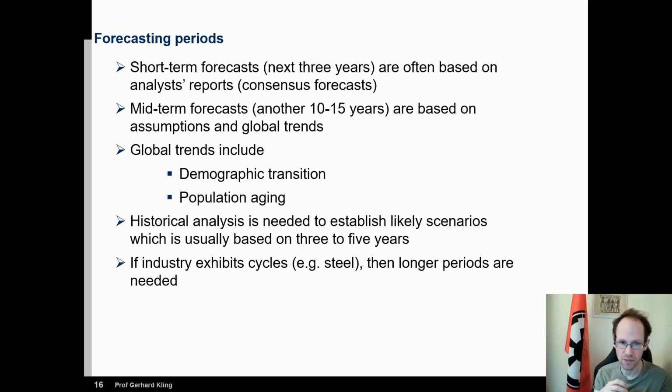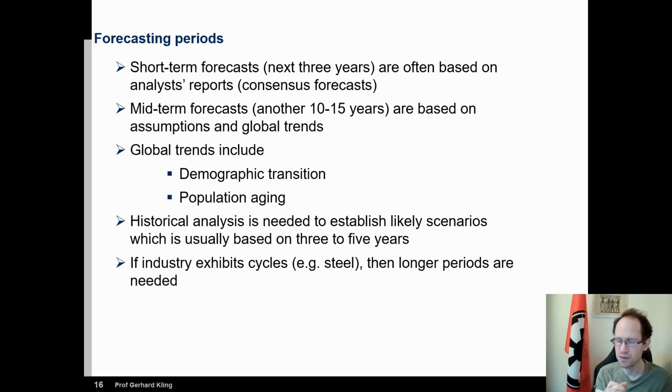Now, the main argument for these assumptions might be driven by what you call global trends like demographic change. This is very, very powerful, honestly speaking. Population aging, again, very, very powerful. And then you might develop certain scenarios. And we talk about this a bit more later.